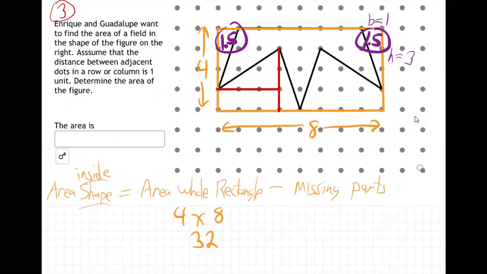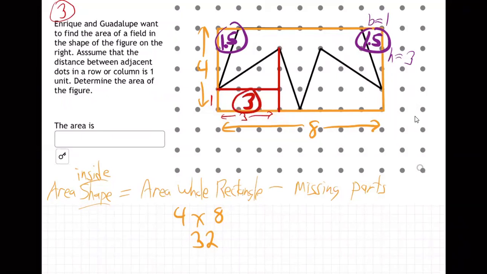Now, let's start down here. This is 3 this way, and this is 1, right? This is 1, 2, 3. You count jumps, not dots. 3 by 1 is 3, and we just write 3.